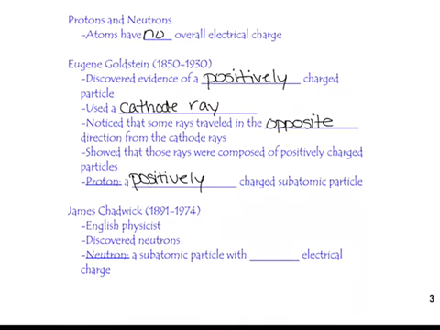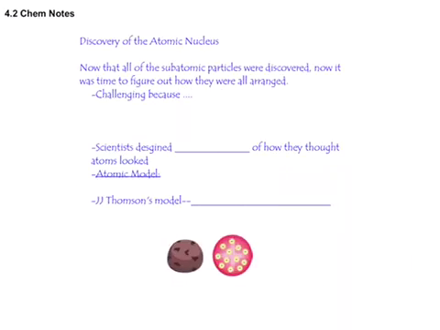And then English physicist James Chadwick, he discovered the neutron, and this subatomic particle has no electrical charge. So now that all the subatomic particles had been discovered, what scientists maybe thought was there was the nucleus.